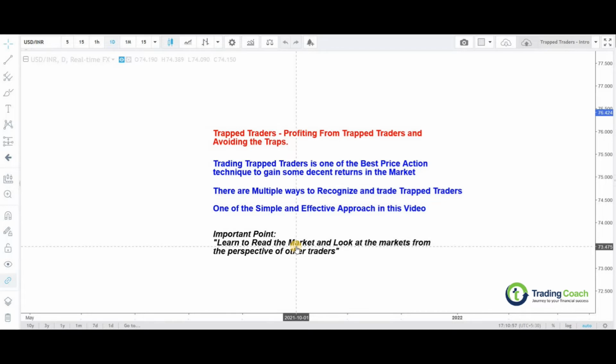You should be learning to read the markets and be willing to look at the markets from the perspective of other traders. You should think and trade from the point of view of other traders. Only when you do that will you be able to recognize the traps which are formed on the price chart.